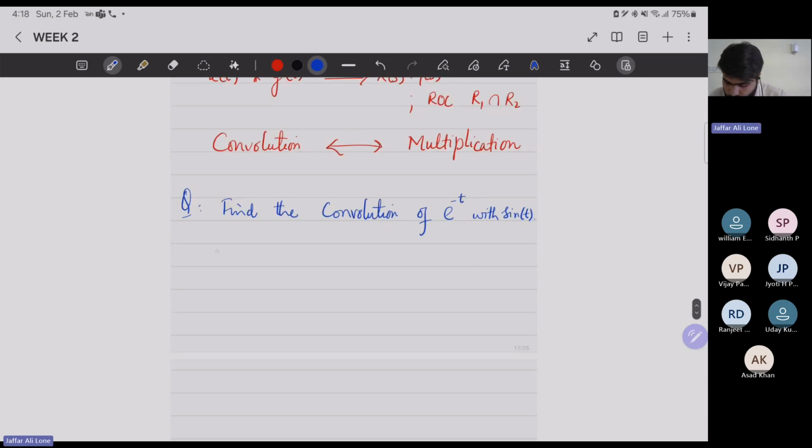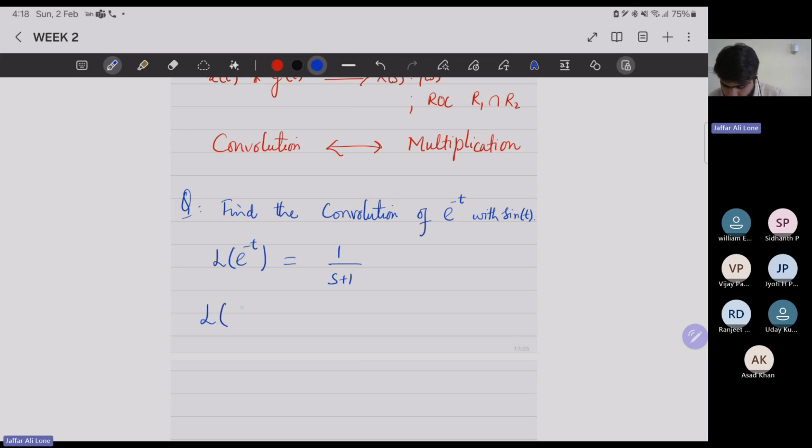We know the Laplace transform of e raised to the power minus t is 1 over s plus 1. Similarly, we know the Laplace transform of sine t is 1 over s squared plus 1. Now, convolution in time domain is equivalent to multiplication in the frequency domain.